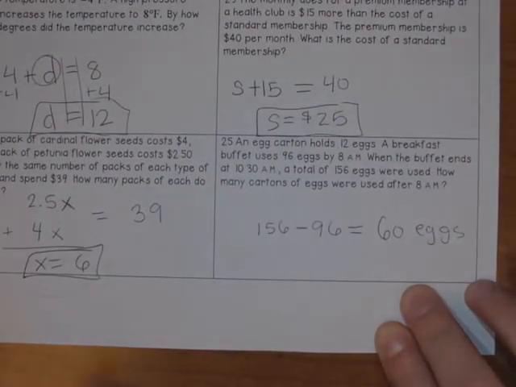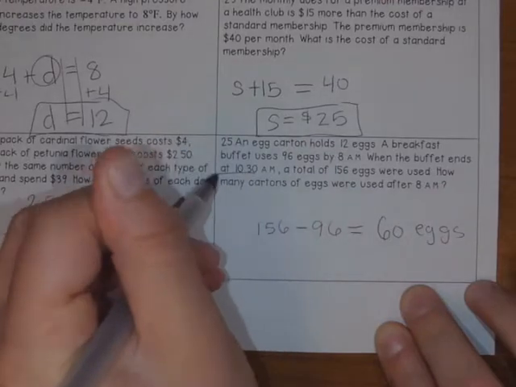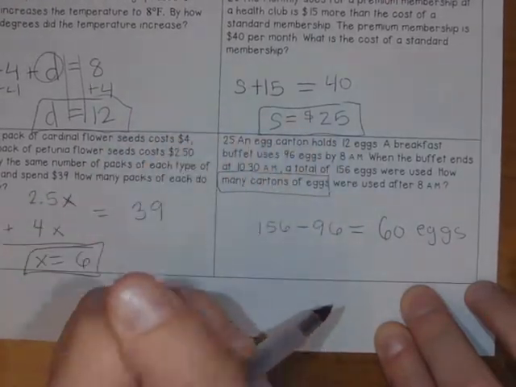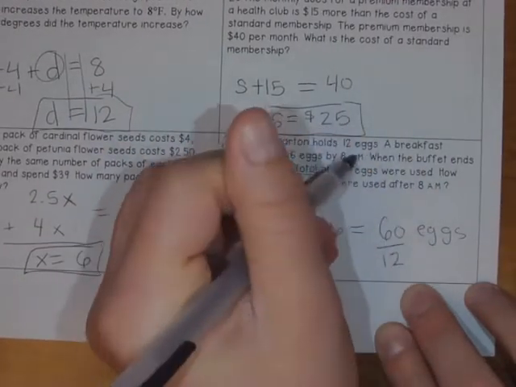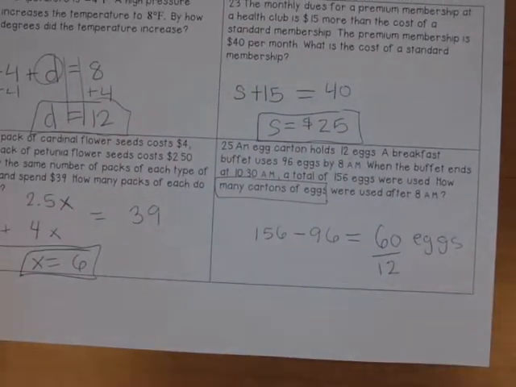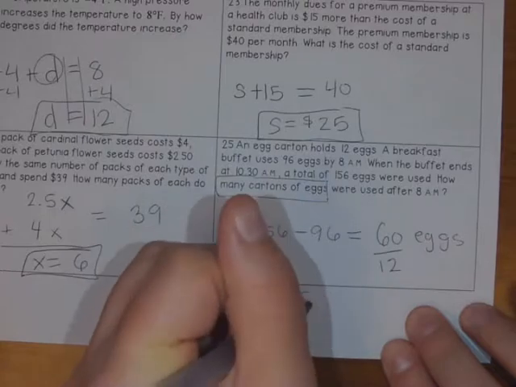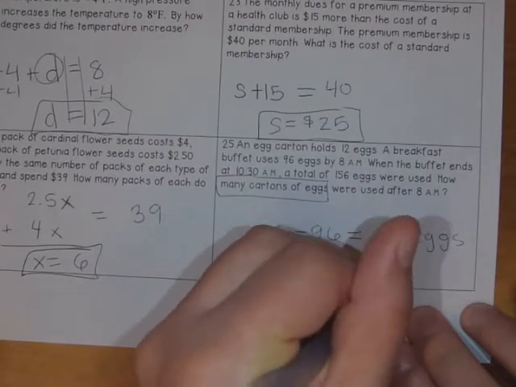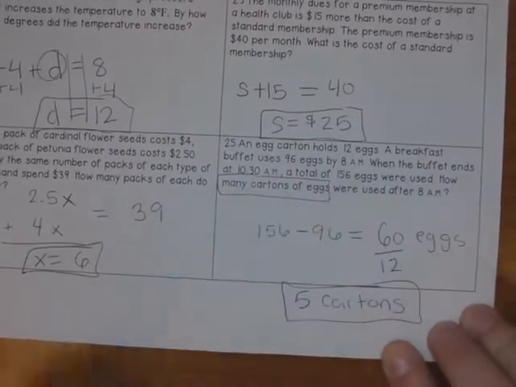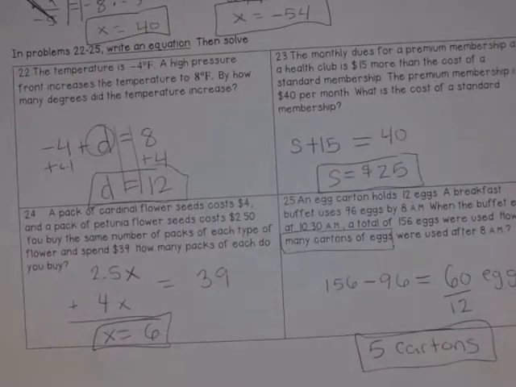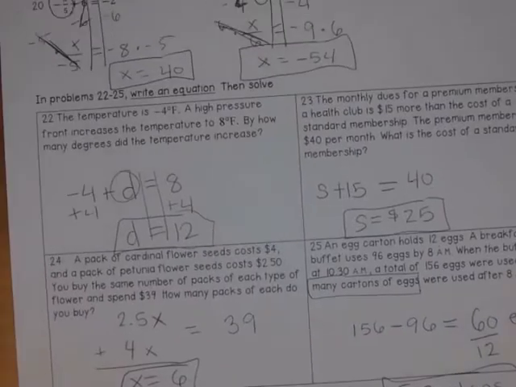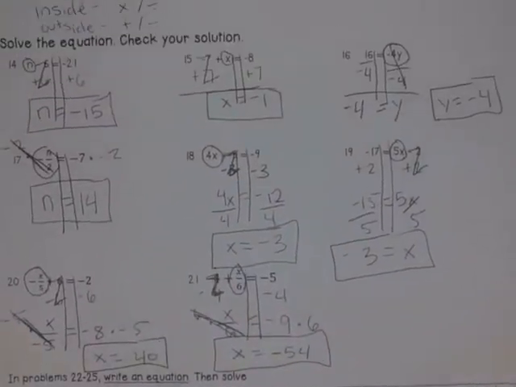Pretty easy to figure that out. It wants to know how many cartons. So then you have to divide that by 12, which is 5 cartons. That one's not too bad. And so that is where we're going to stop, and that's the second half. So now you're good.